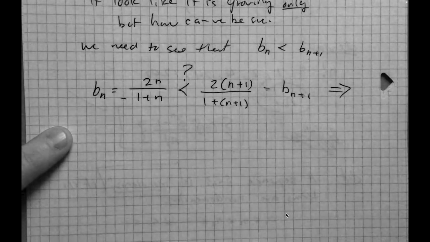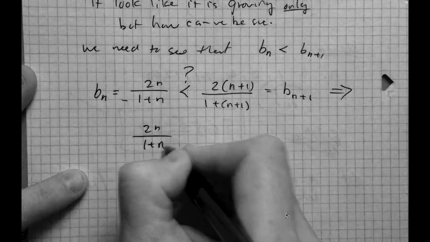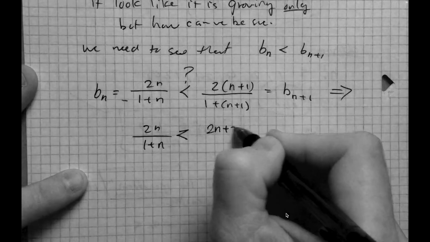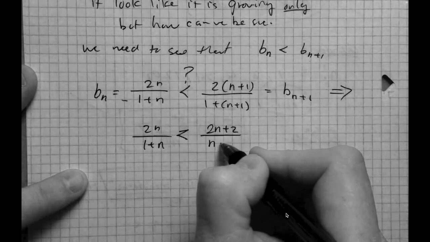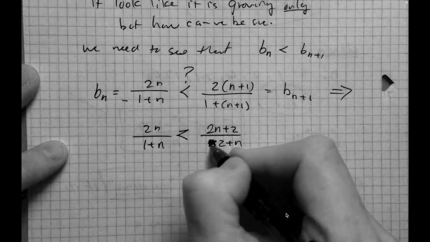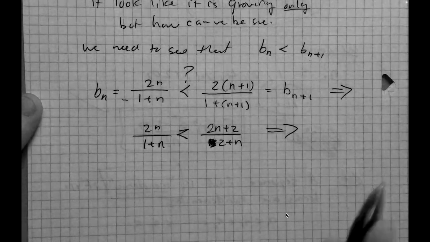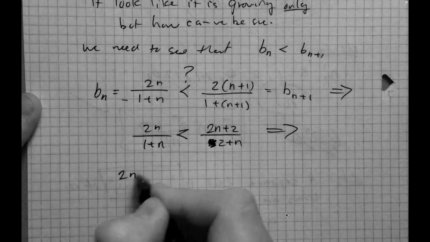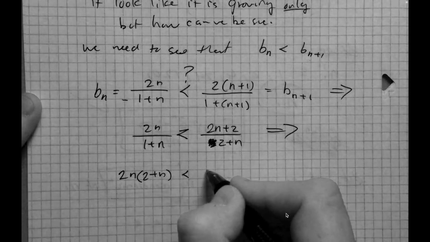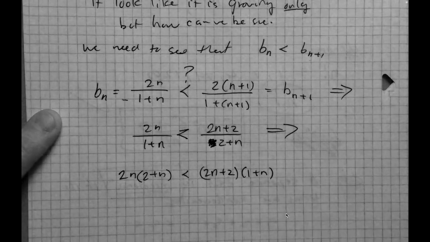So this would be 2n over 1 plus n, and we're going to say that's less than 2n plus 2 over 2 plus n. Now we can cross multiply, and we get 2n times 2 plus n should be less than 2n plus 2 times 1 plus n.